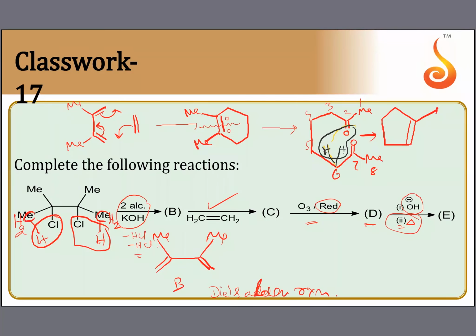Here methyl, here COMe. This is the alpha carbon, this is the beta carbon. Alpha beta unsaturated ketone. So this is intramolecular aldol condensation, or we can call it ketol condensation.